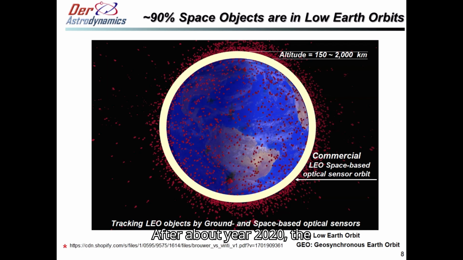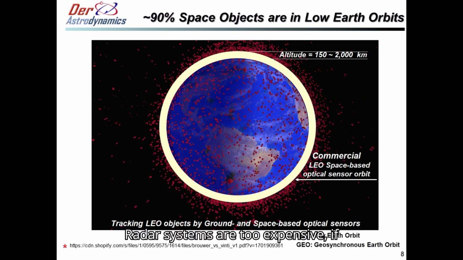After about year 2020, the rapid increase of small satellites is mostly in the low Earth orbit regime, LEO, with approximate altitudes between 150 to 2,000 kilometers, depicted by the white wing. Today, tracking LEO objects for cataloging are mostly using numerous ground-based government and commercial optical systems worldwide.